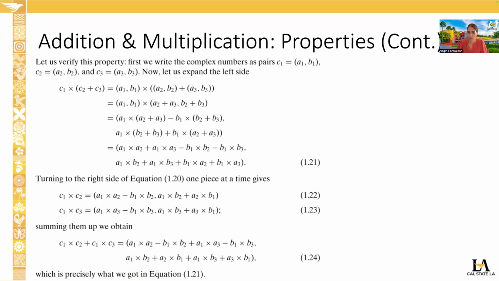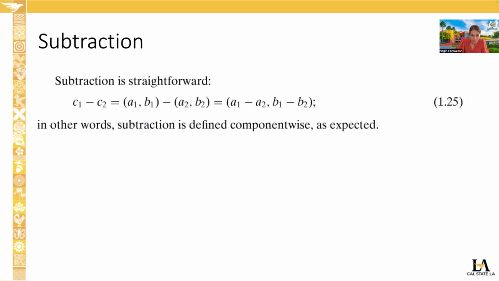You just want to be careful about those rules because as I showed you with complex numbers, especially when it comes to multiplication, it can get a little tricky. As I mentioned earlier, subtraction is just an extension of addition.